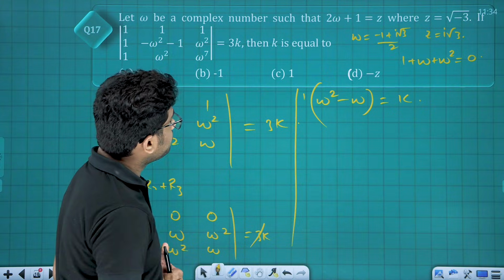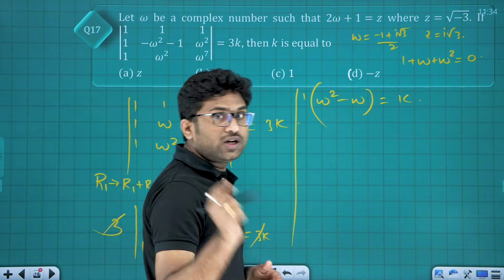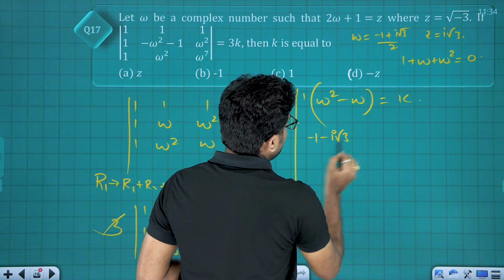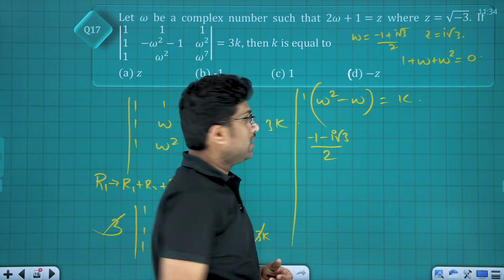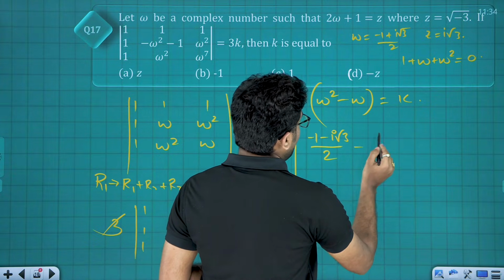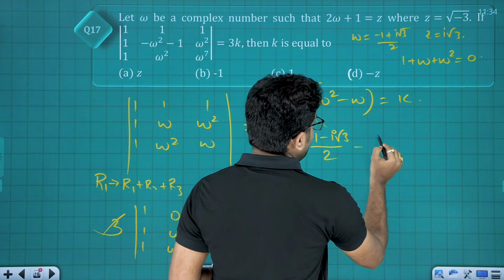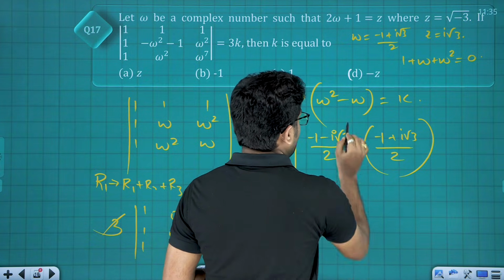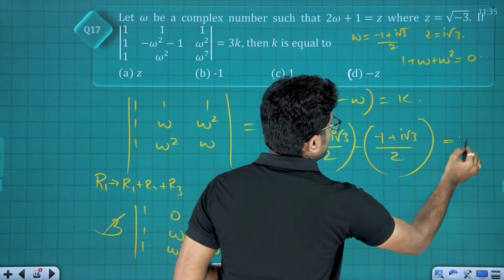Acha. Look at this friends. What is omega square? Omega square is (-1 - i root 3)/2. Okay. Minus omega. What is omega? Omega is (-1 + i root 3)/2. Now they are asking the difference of this.